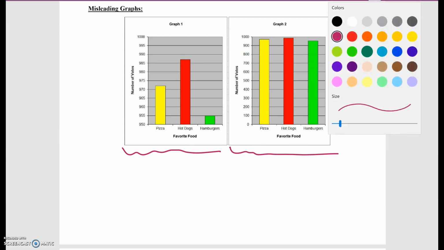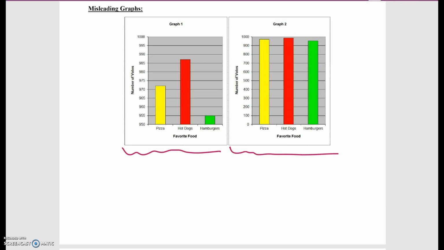So just be very, very aware. You have pizza, hot dogs, and hamburgers, and you're trying to figure out what is their favorite food of some people, I guess. If you notice here, pizza says between 970 and 975 like pizza, whereas hot dogs between 985 to 990 and hamburgers 955.